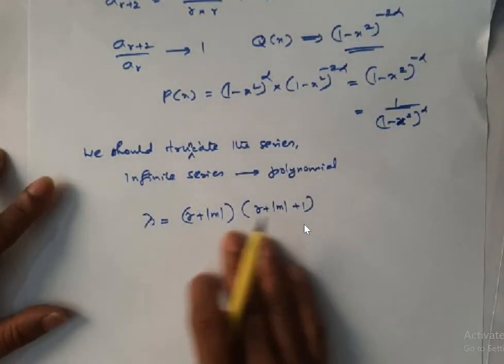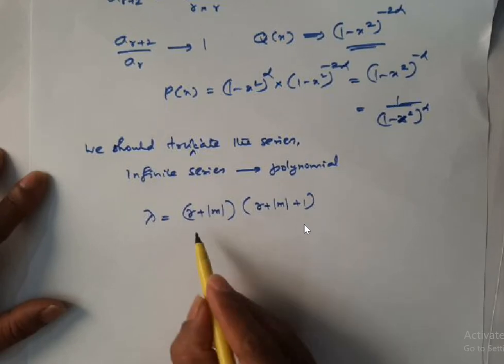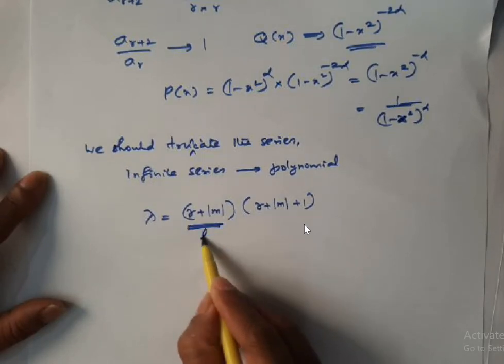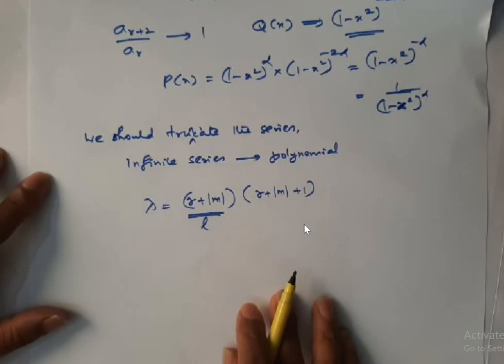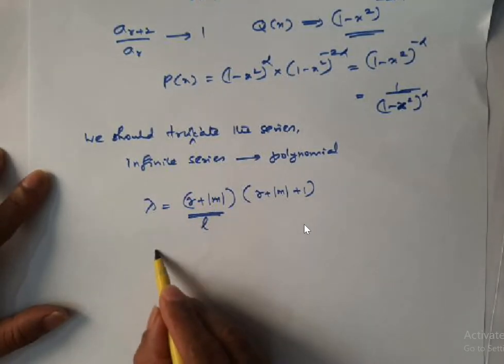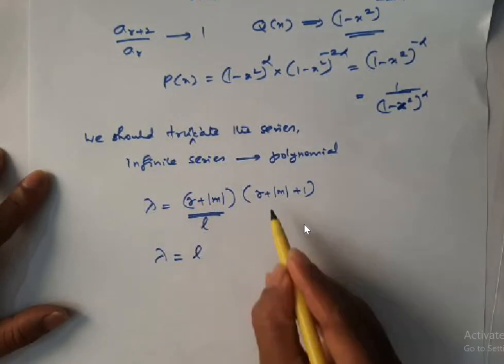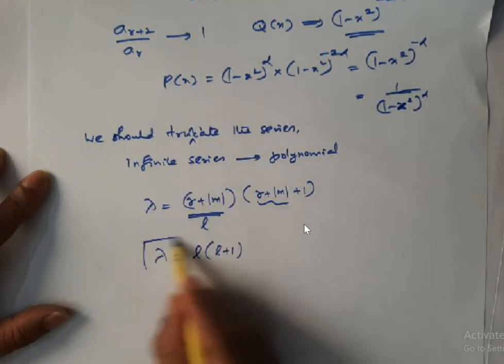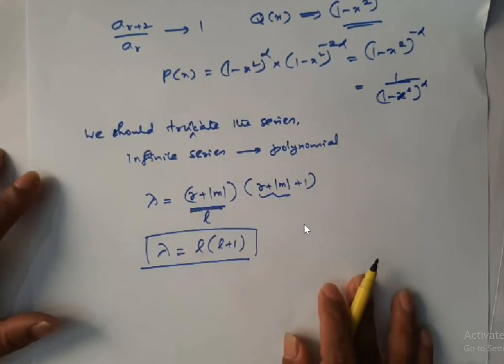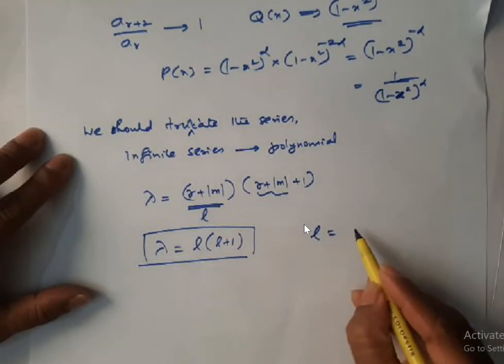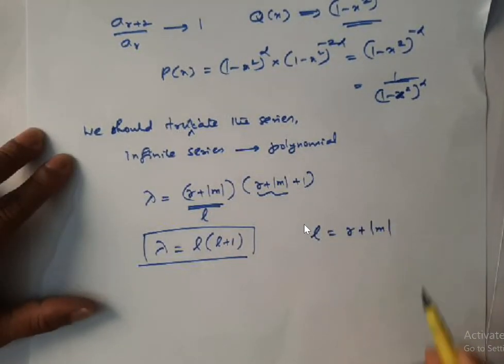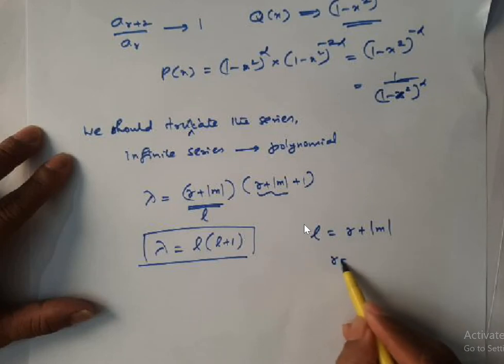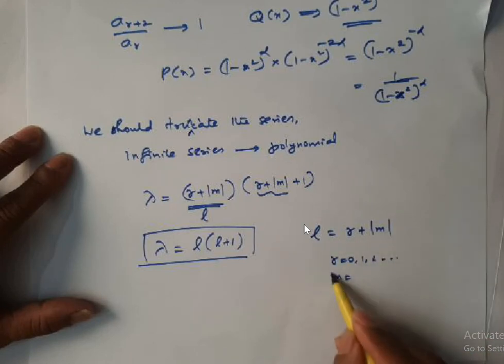So we should make some condition on lambda. What is the condition? Listen, I'll take this value r plus m as l. This is the conventional representation. So this can be written as l into (l plus 1). This is the standard notation of the l value. So what is l? l is nothing but r plus m.